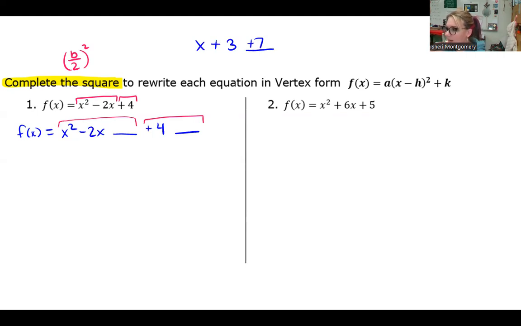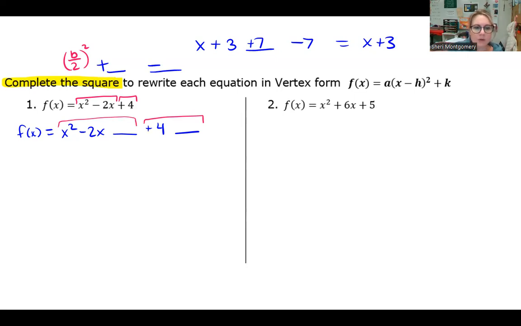So how can I technically add something without changing it? The only way I can do that is to also subtract 7. So if I have x plus 3 plus 7 minus 7, I still have x plus 3. See how I didn't really change it? I undid it. So when you're working all on the same side, you have to plus and minus. So this time when we complete the square, we're going to add, and then on the second blank, we're going to subtract. So this is slightly different.